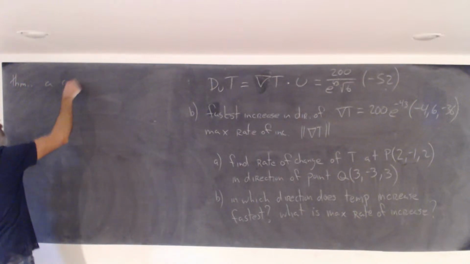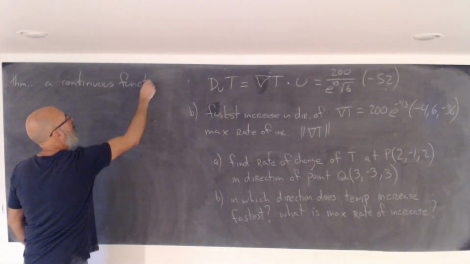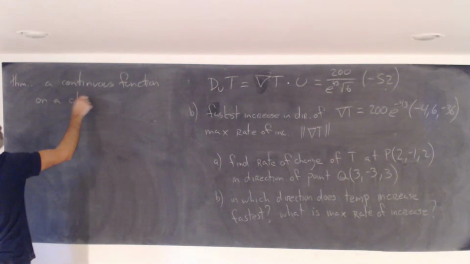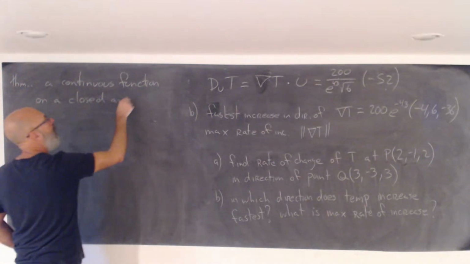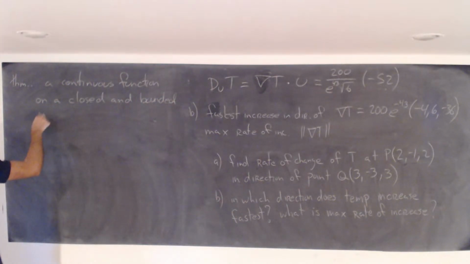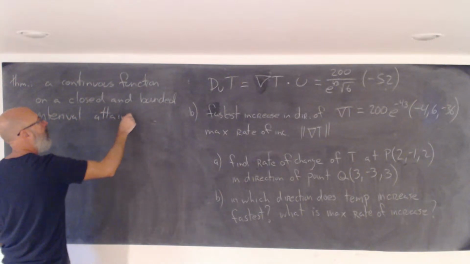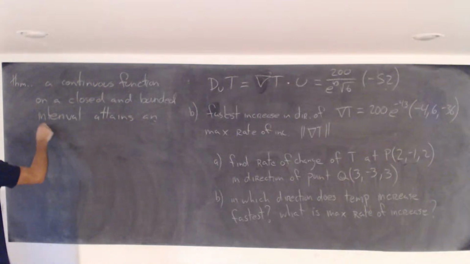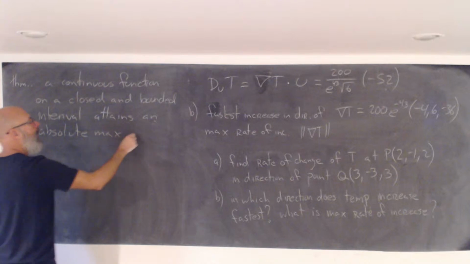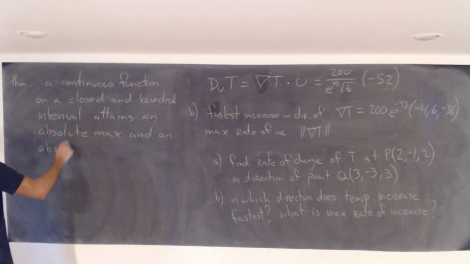A continuous function on a closed and bounded interval attains an absolute max and an absolute min.